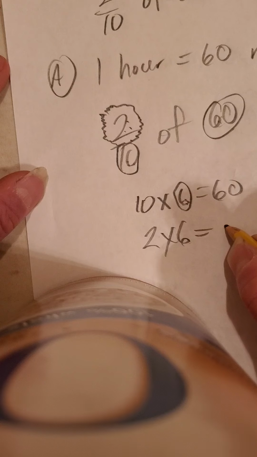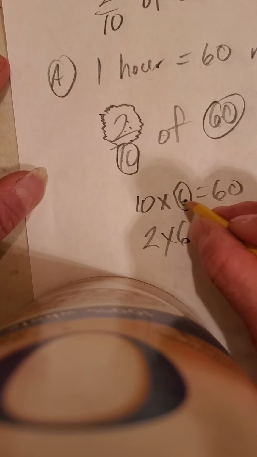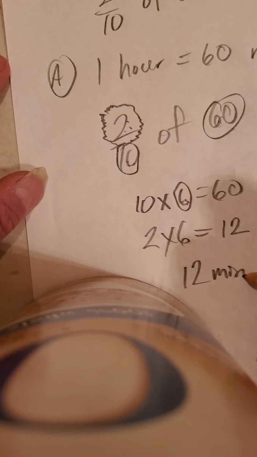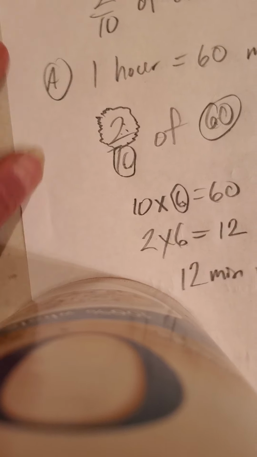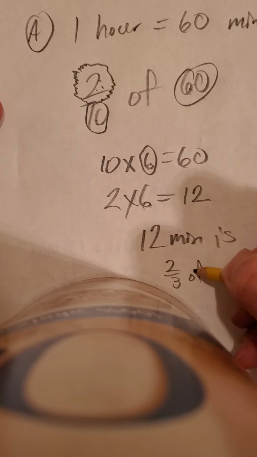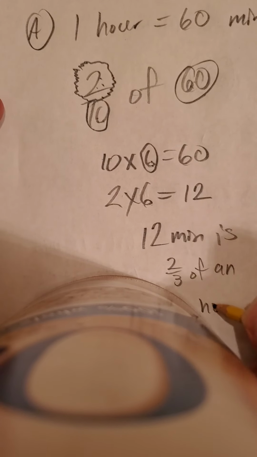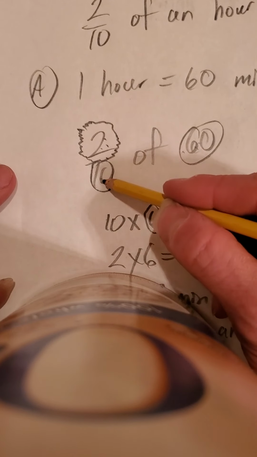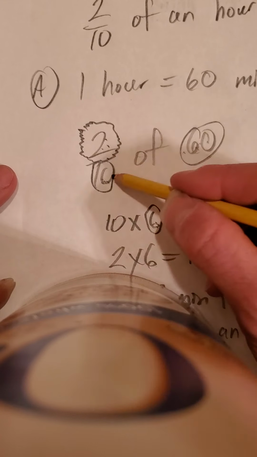So 2 times 6 equals 12. So 12 minutes is 2/10 of an hour.